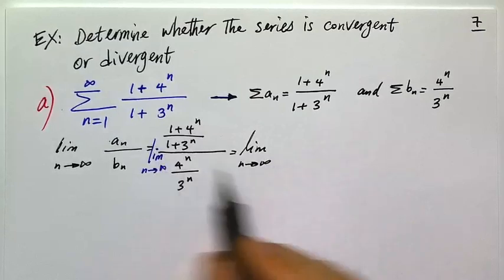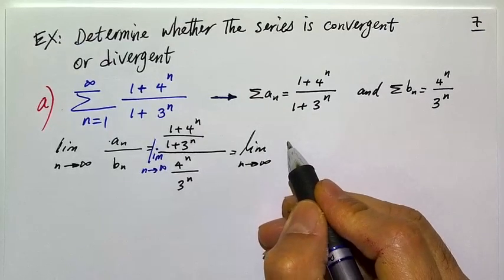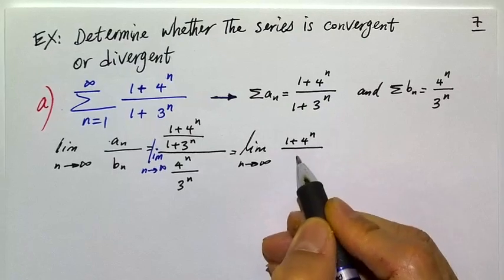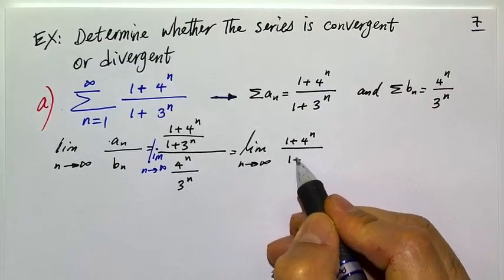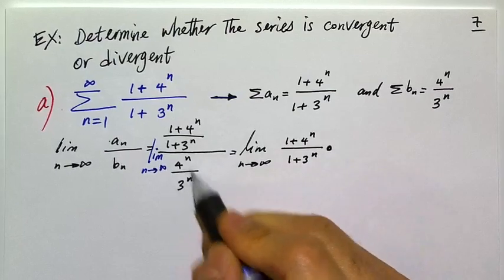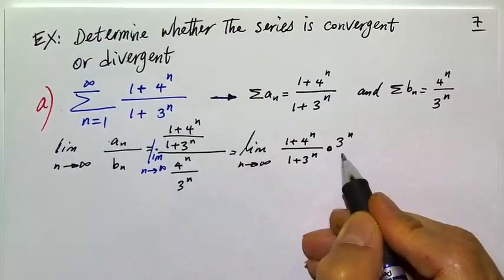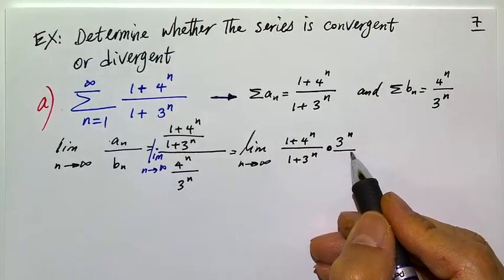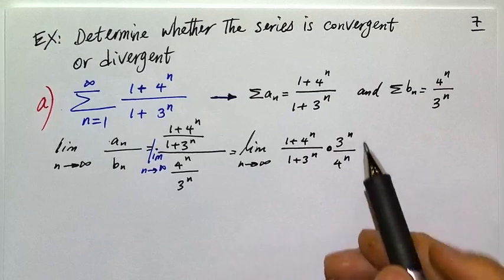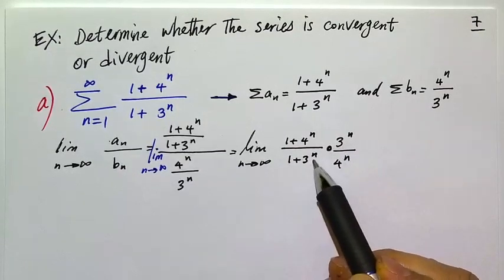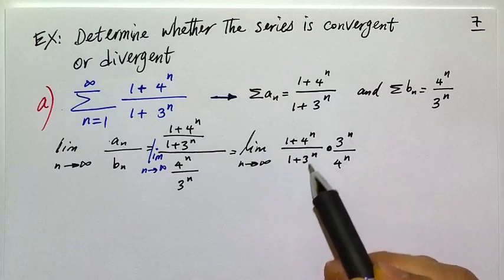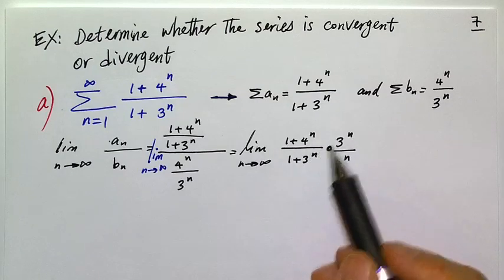So what do we have? Let's write this down. 1 plus 4 to the n power divided by 1 plus 3 to the n, multiplied by, flip this, 3 to the n power over 4 to the n power. Notice that we have 1 plus 3 to the n power, 3 to the n power, 4 to the n power, and 1 plus 4 to the n power. So let's put these together.